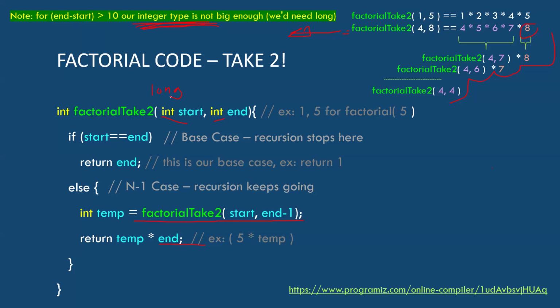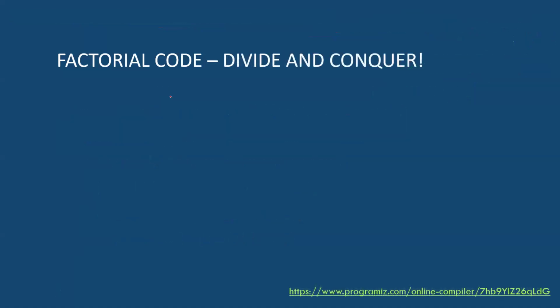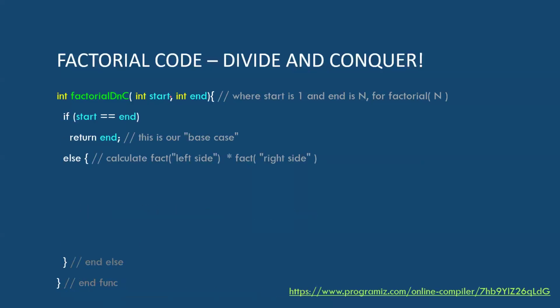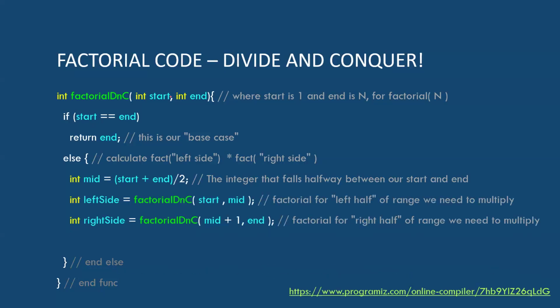But in C++, we have to take some extra steps if we want to go that big, but that's not really the focus of this class. Let's take a look at changing our tree from an elevator that goes down, down, down into a branching structure. Here we're going to calculate a midpoint and call left and right side. Now, this is a single threaded application, which means we can only go down one branch at a time.